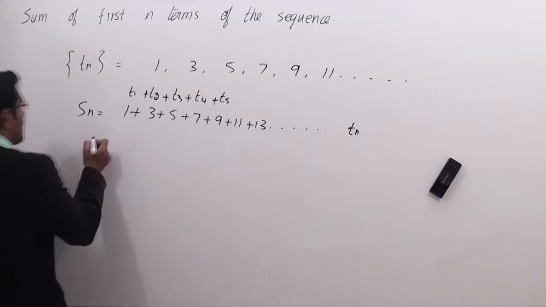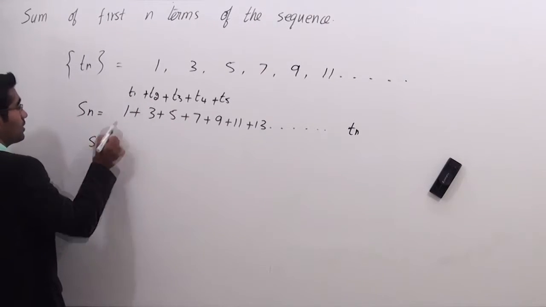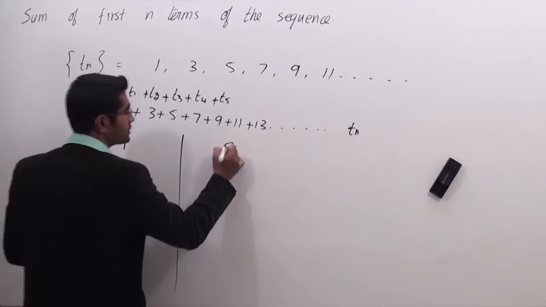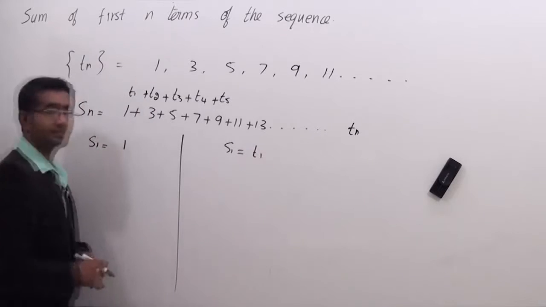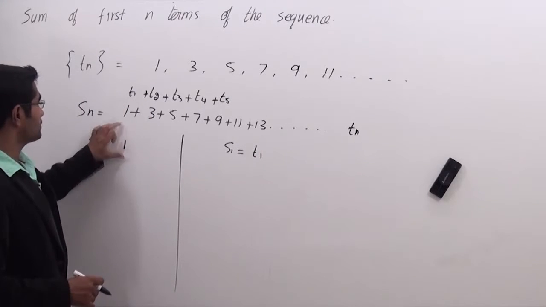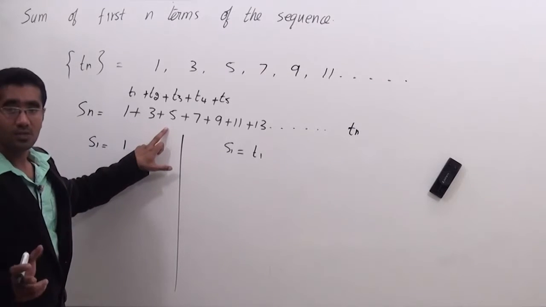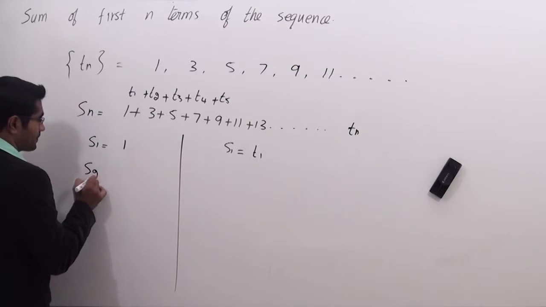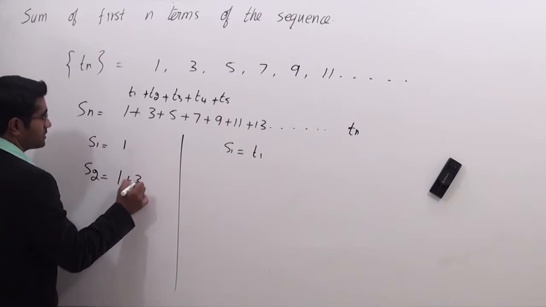Let's go ahead. I can write S1 is what? In this case 1. If I take these terms, S1 is given as T1. Why is that? Because 1 here is T1, isn't it? In this particular case, I'm using a sequence. If I'm not using a sequence, I'm supposed to use this. Okay. What is S2 then? S2 is like 1 plus 3 in this case.